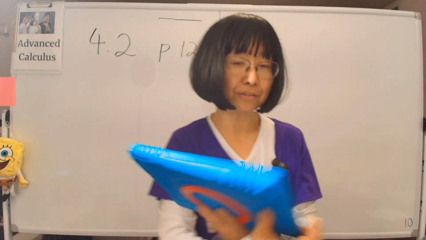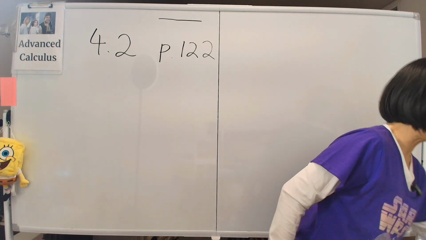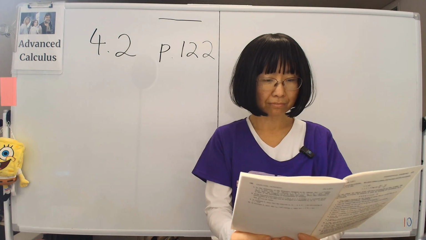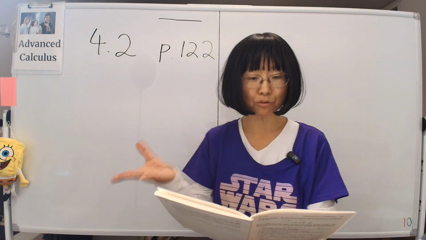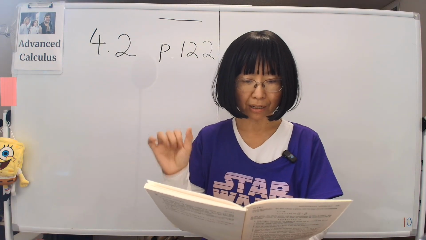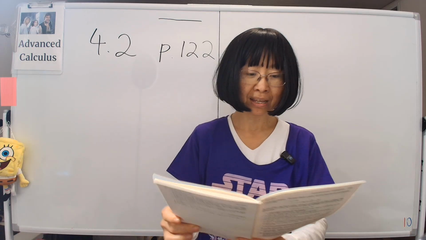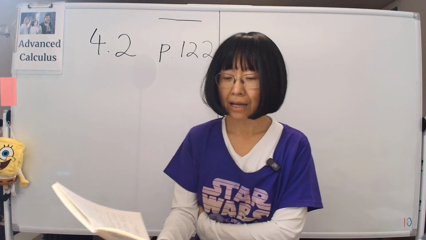So strictly speaking, there's no relative minimum, because the absolute maximum is defined as bigger than or equal to, whereas the relative maximum is defined as bigger than only. Okay, so yeah. Anyway, so let's move down to theorem 1.